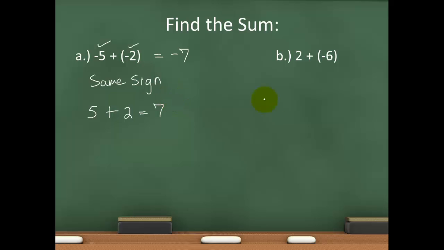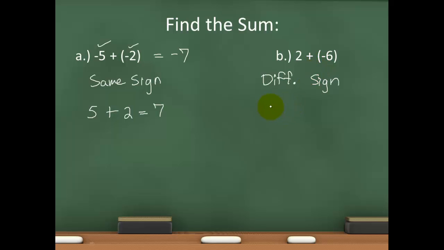All right. Let's go to part B. We have 2 plus a -6. Now, if I want to add these two numbers together, notice that 2 is positive and 6 is negative, and so they have different signs. Thinking about what those rules on the last page say, I need to take the absolute value of 2 and the absolute value of 6 and find their difference.